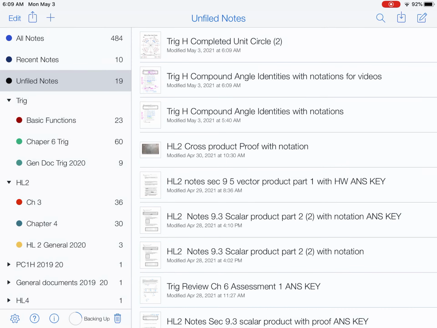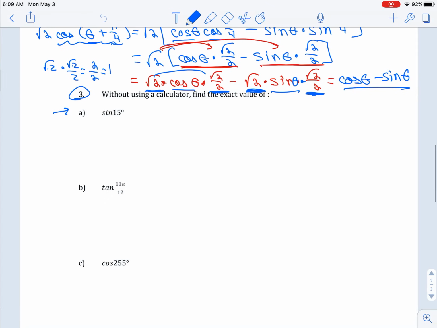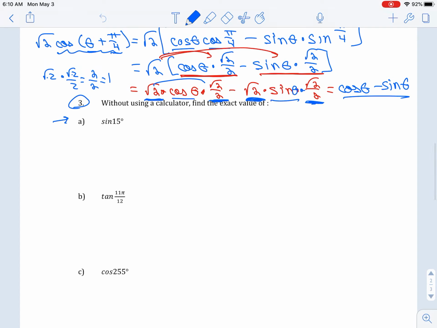So let's go back to our notes here. We're going to write the sine of 15 degrees as the sine of 45 degrees minus 30 degrees. Then we know that the sine formula goes sine, cosine, cosine, sine.